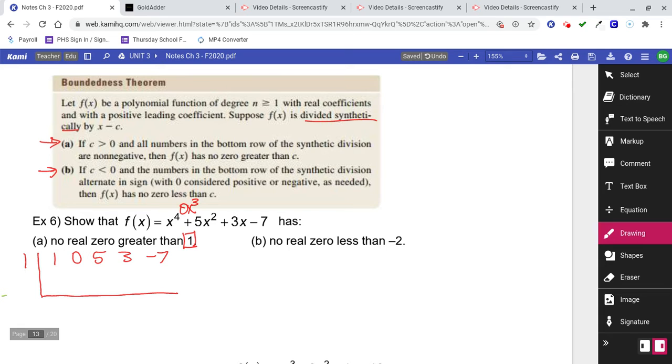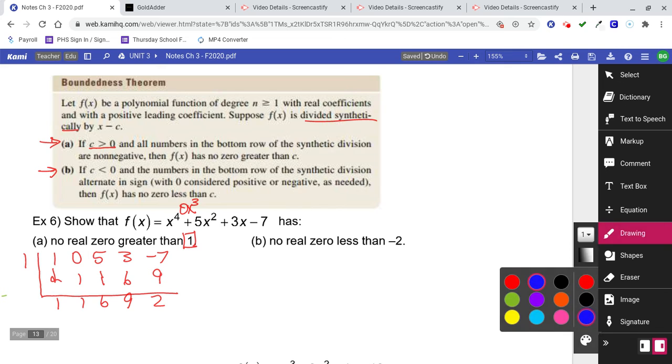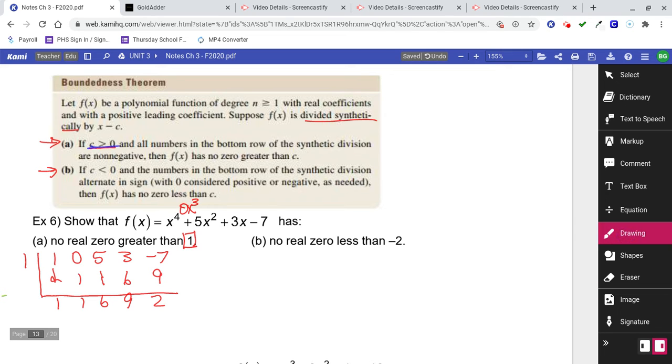So synthetic, we're just going to add down and multiply, add down and multiply, add down and multiply, add down and multiply, add down. Okay. Now let's go back and read what it says. Case A says, if c is greater than 0, well, this was my number c, okay?